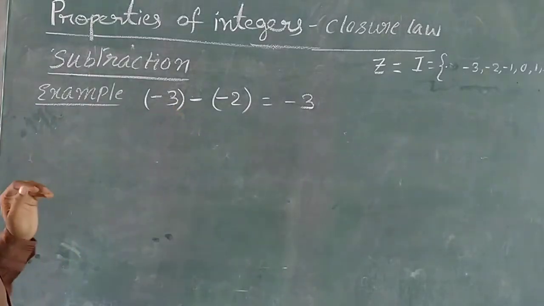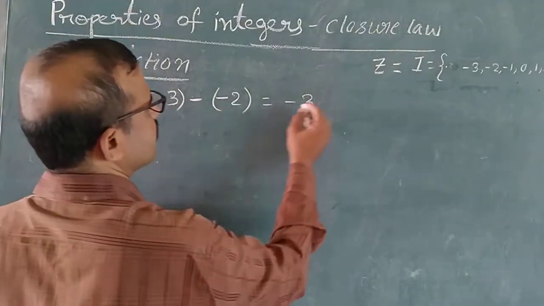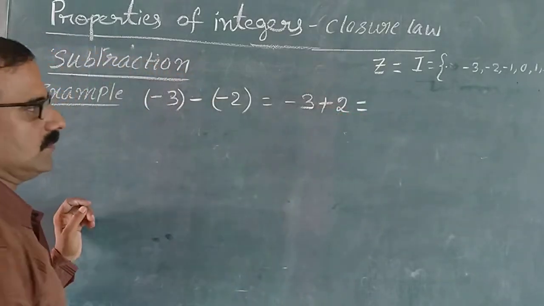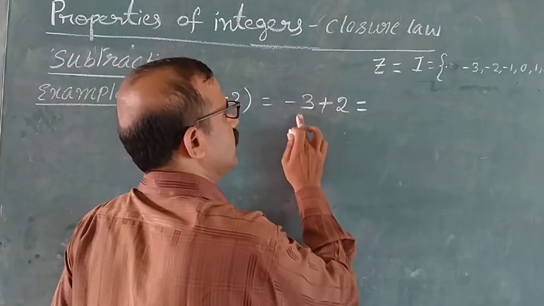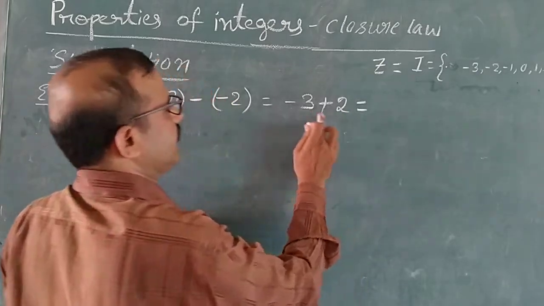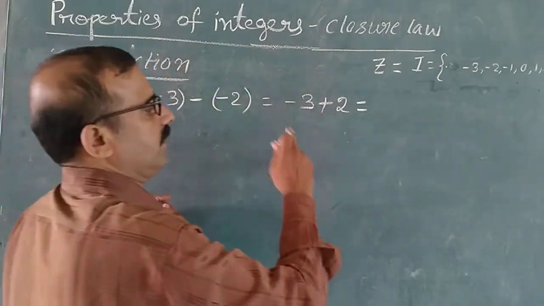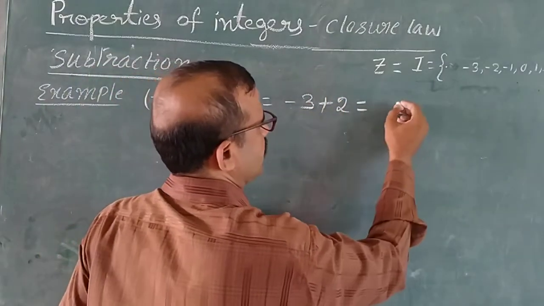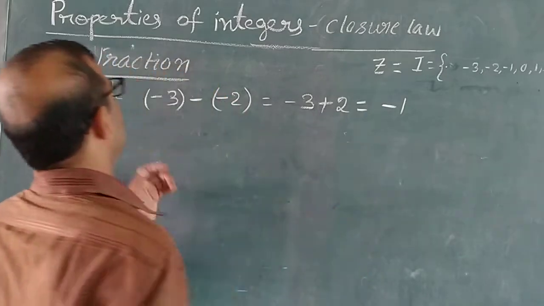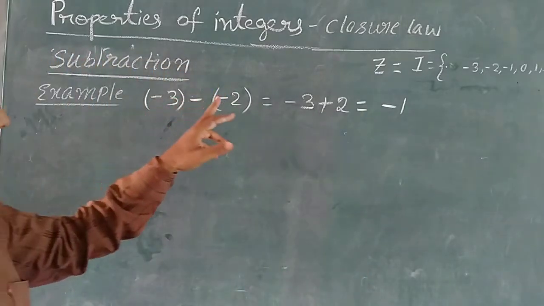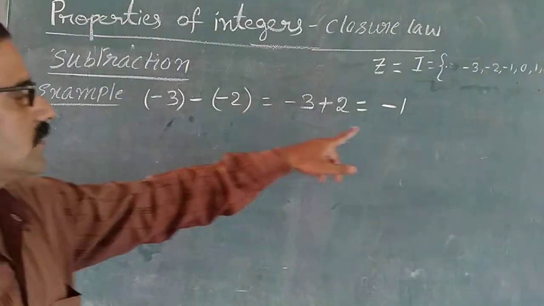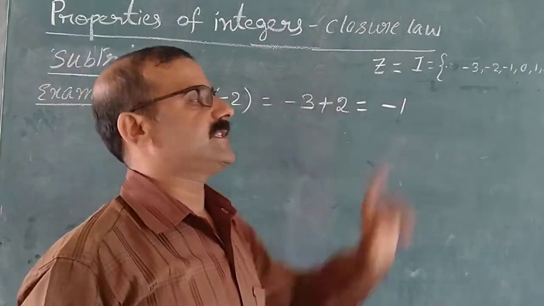You have to subtract: minus into minus gives plus 2. That equals -3 plus 2. One is positive, one is negative, so the symbol in between is addition, and we subtract: 3 minus 2 is 1. The bigger number has the minus sign. So -1. -3 is an integer, -2 is also an integer, and the result of the subtraction, -1, is also an integer.